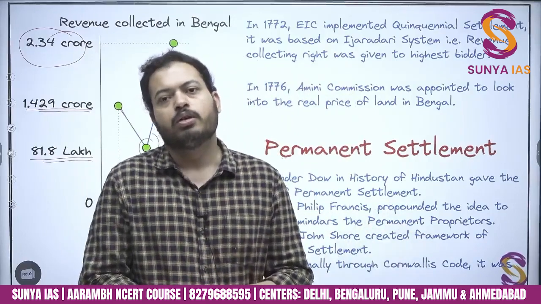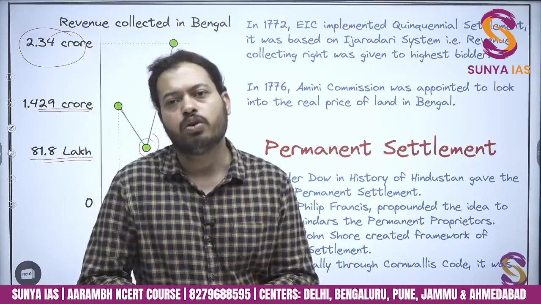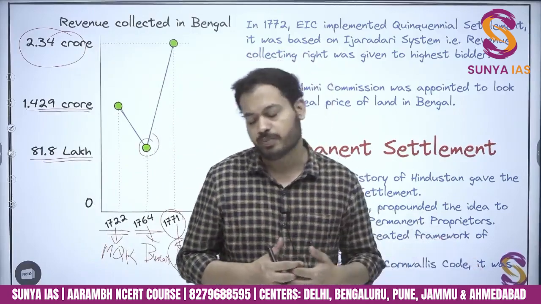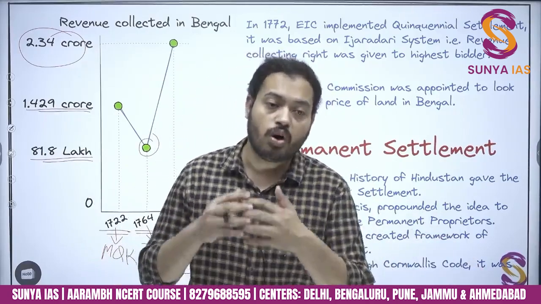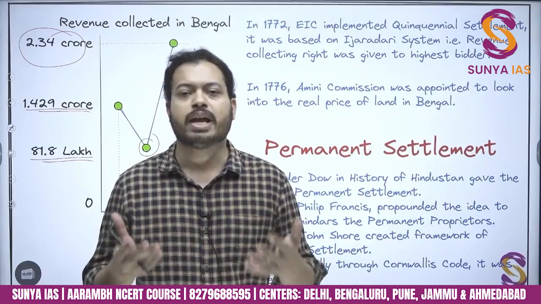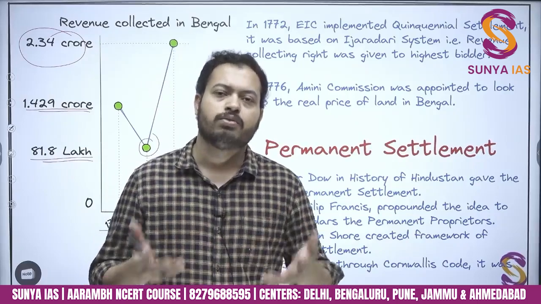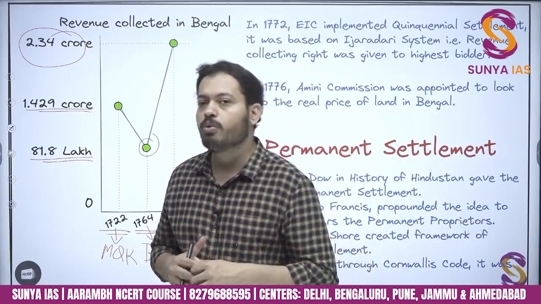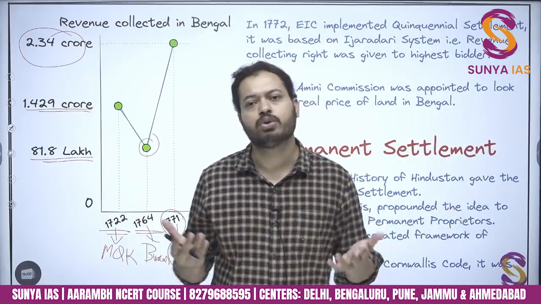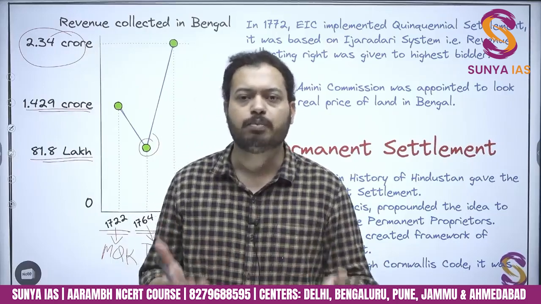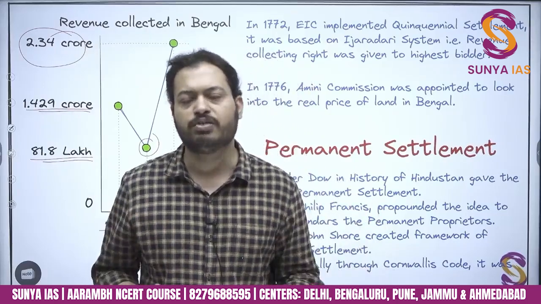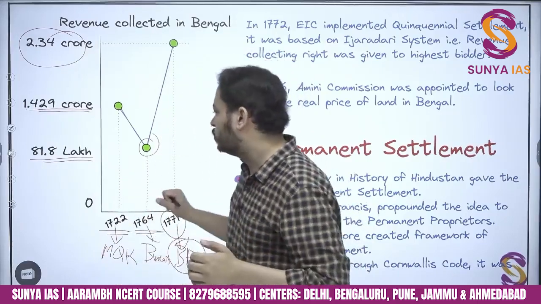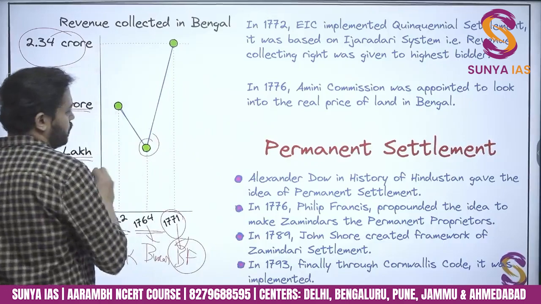But they were collecting revenue far in excess of what had ever been taken in the past, using all exploitative methodology to gather as much money as they could for the dividend of the East India Company. Because of this, who is effectively getting most exploited? The people at the bottommost strata, the peasantry, the farming class. You have to know that, and that's why this graph was plotted for you.